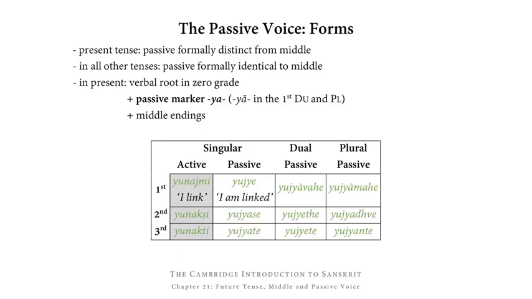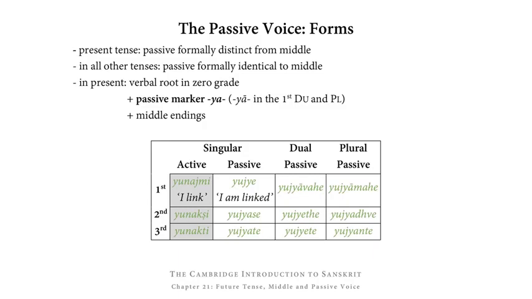In the first singular, that then appears as ye, so we don't get an a, but we get e, yujye. Then we get yujyase, yujyate, yujyavahe, yujyete, yujyete, yujyamahe, yujyadhve, yujyante.